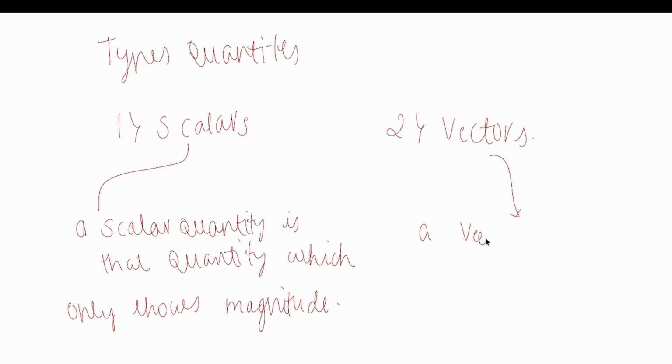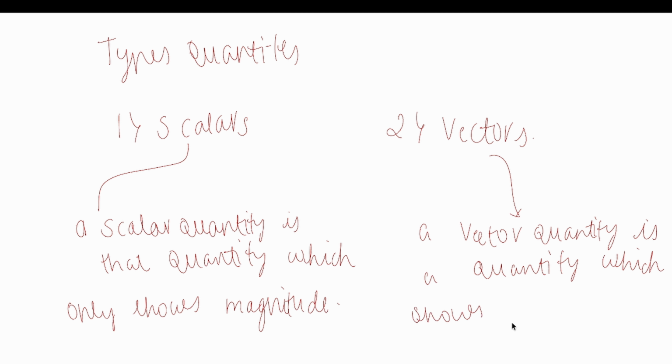A vector quantity is a quantity which shows both magnitude and direction.